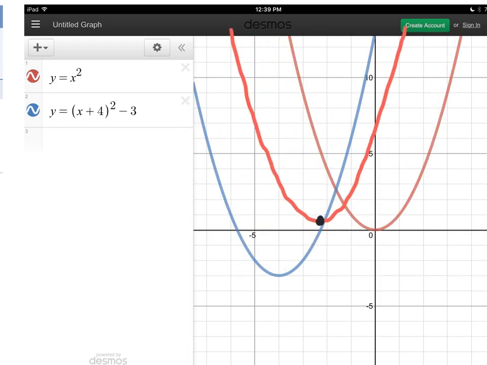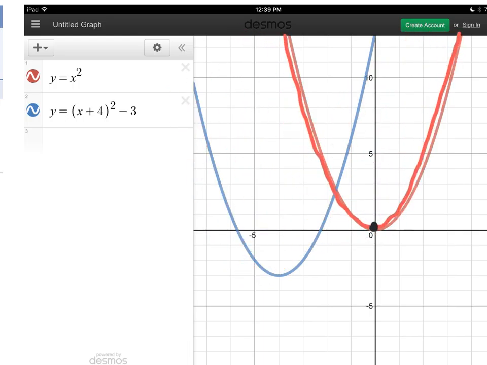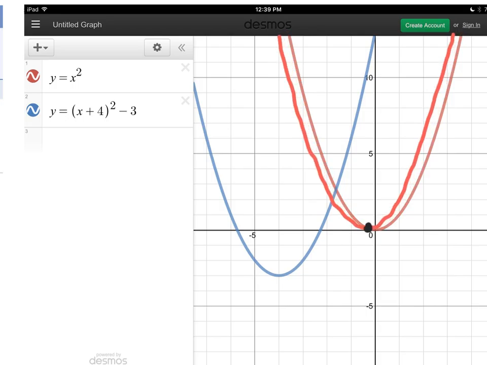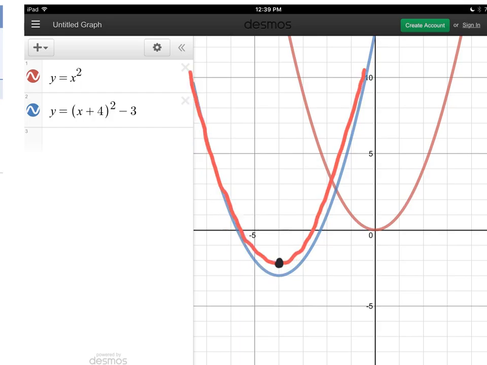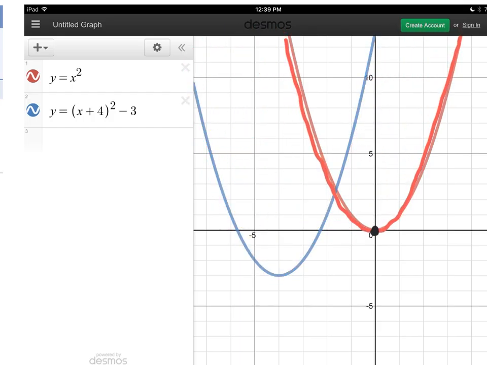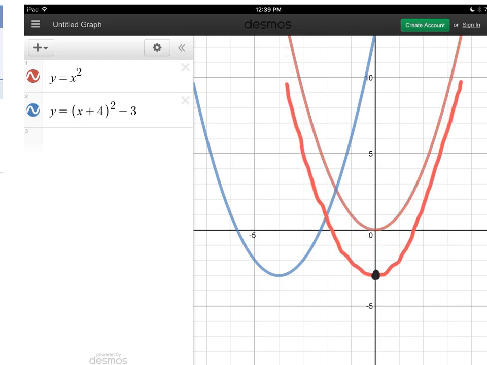So if we look, we can see that the vertex of the home function kind of moved from here down to here. So how did our vertex change? Well, we know that this minus 3 caused it to drop 3, because we've learned that from an earlier slide. And then what does the plus 4 do?